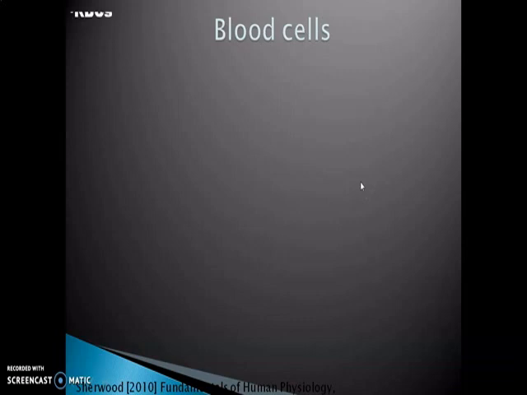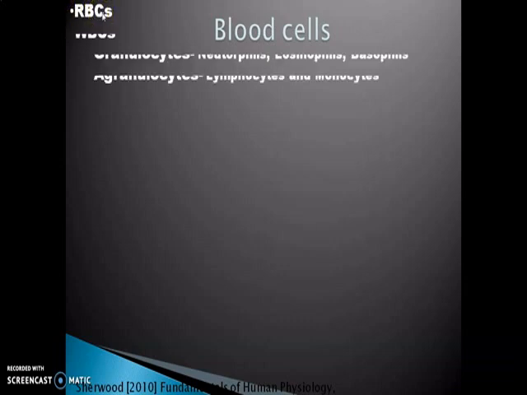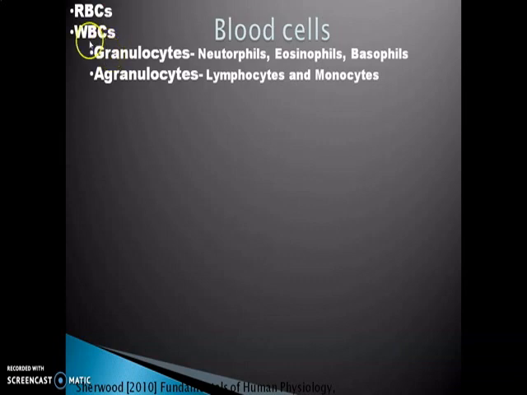Let's see what kinds of cells the blood contains. They contain red blood corpuscles and white blood corpuscles or leukocytes. Leuco means white, cyte means cell. So leukocytes or white blood cells can be subcategorized into two major categories, granulocytes and agranulocytes.